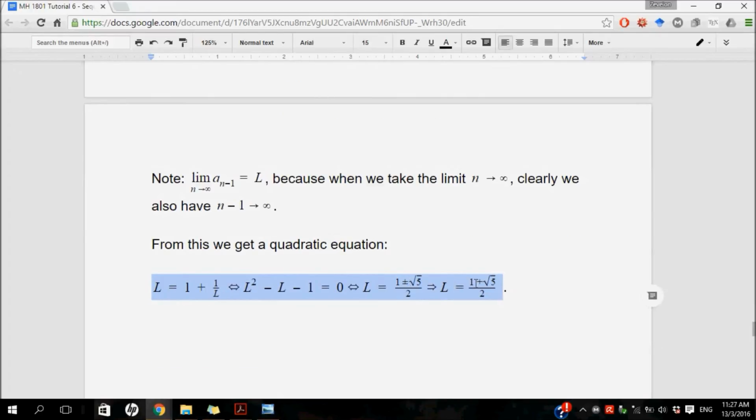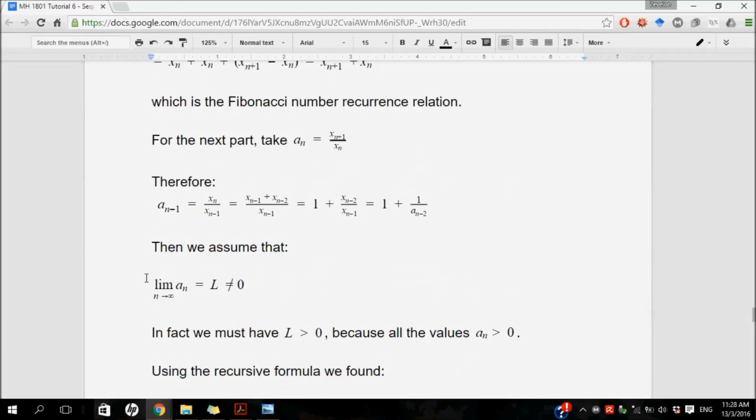That leaves us with only one choice, and so L must be equal to 1 plus square root of 5 divided by 2. So that is the answer to this question. We have found the limit for our sequence an, and we have solved question 7.